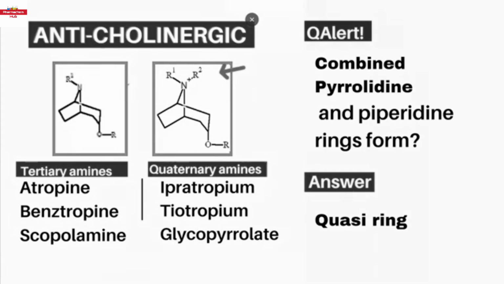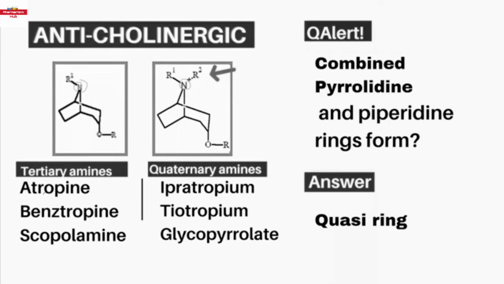Well, this anticholinergics, again, based on their quasi ring on the nitrogen here, that here is a nitrogen and here is a nitrogen, and those nitrogens make small differences. If it is a tertiary amine type of anticholinergic drug, the tertiary amine types are atropine, benztropine, and scopolamine.